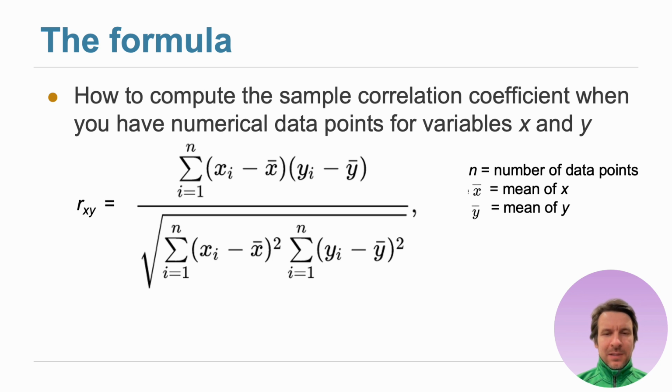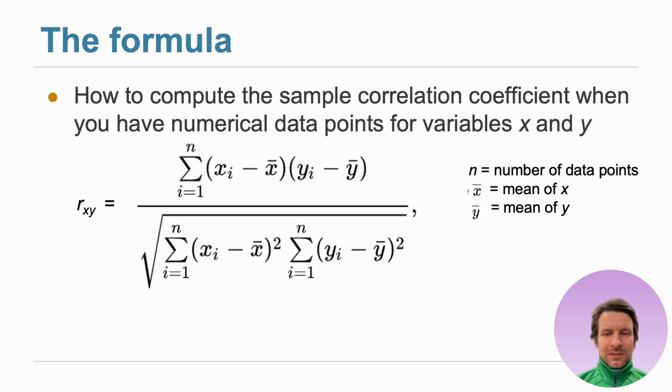Right, so maybe this is a little bit difficult to remember or see what's going on. But what's going on is that you are trying to scale the differences in x and the differences in y somehow to some standard units.